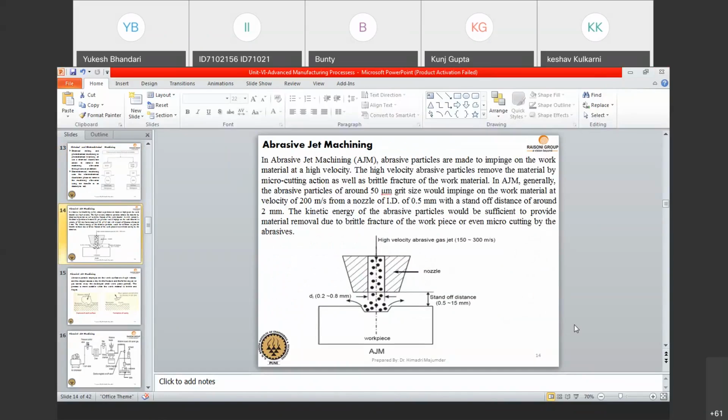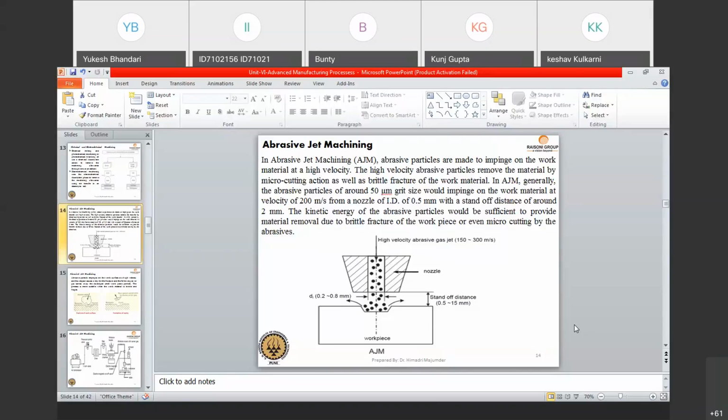In abrasive jet machining, or AJM in short, abrasive particles are made to impinge on the work material at a very high velocity. Understood? So what is important here in abrasive jet machining? The abrasive materials.